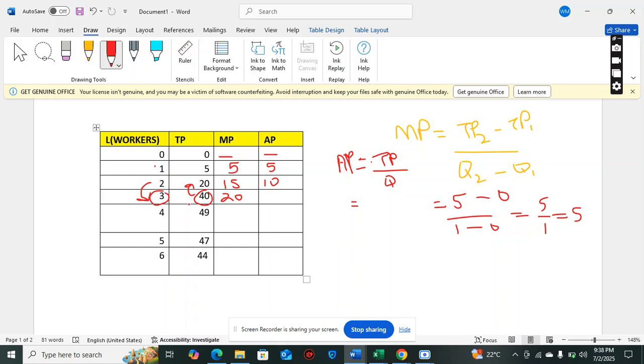40 divided by 3? 13.3. So basically here each worker can produce 13 sheets each.